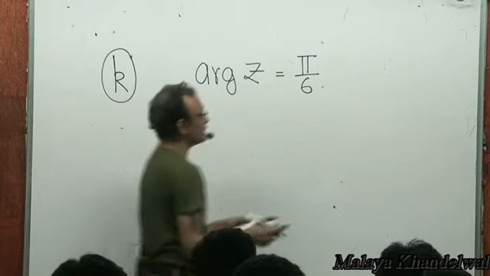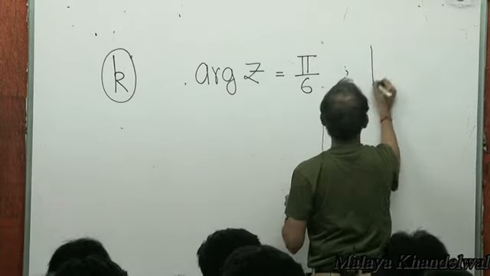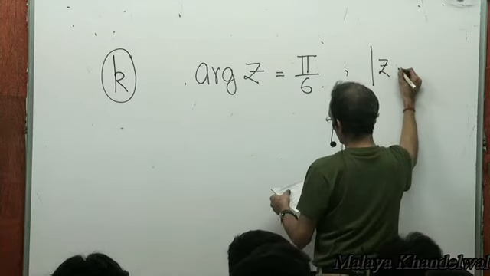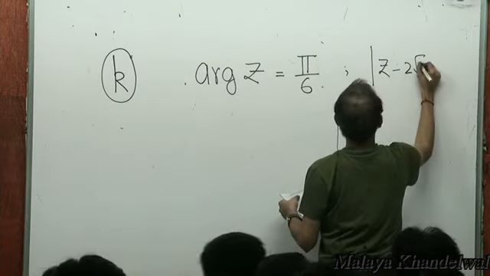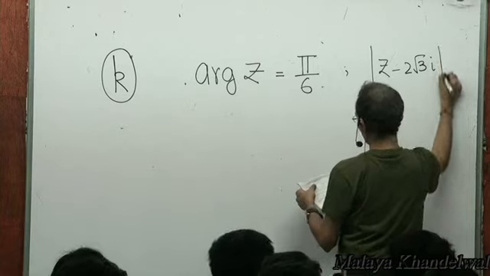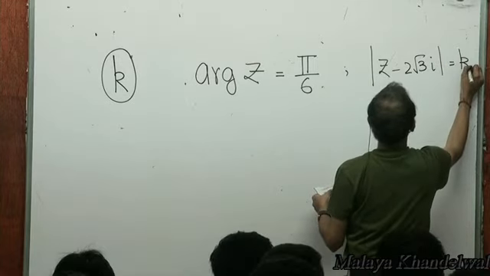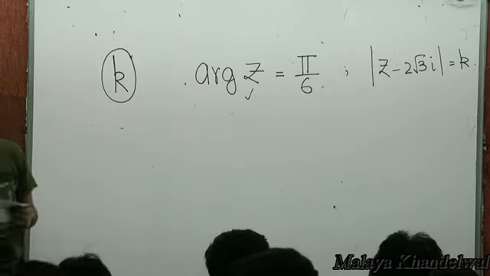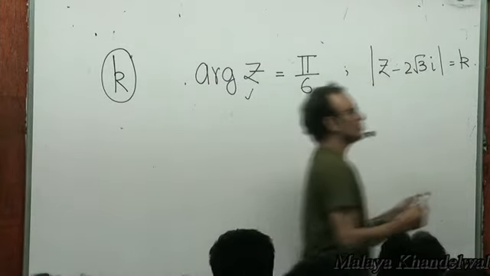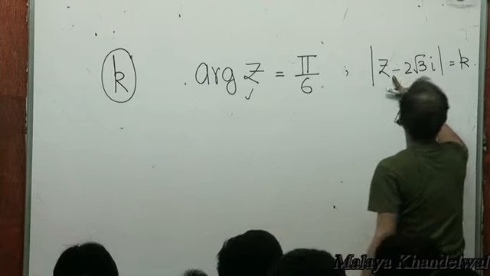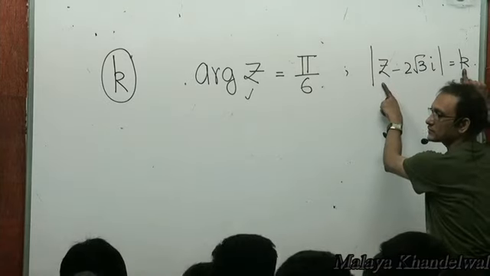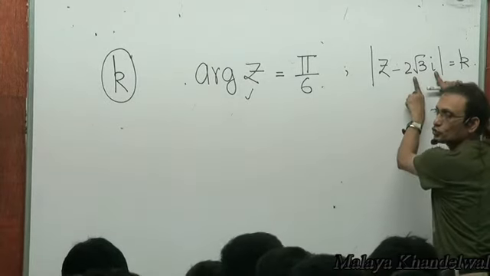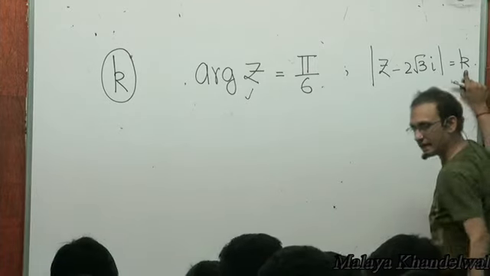And there is another set of Z's that satisfy this condition: mod of Z minus 2 root 3 I equals K. We want this curve and that curve to intersect. Now, first of all, what does this represent? A circle with center 2 root 3 I and radius K.